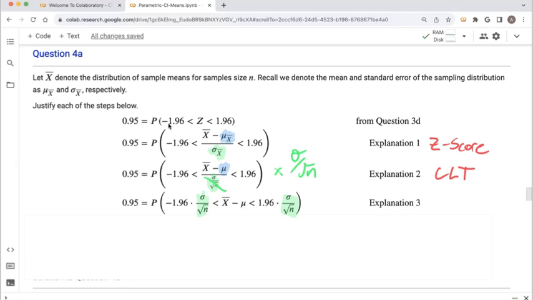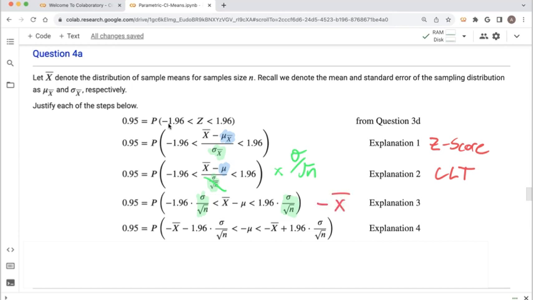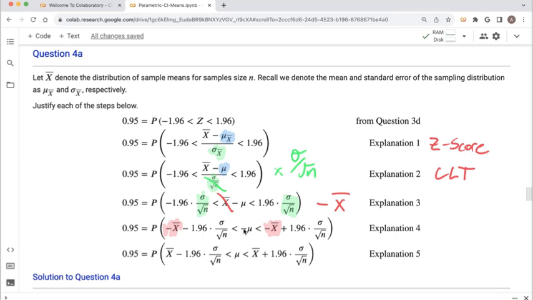Moving to the line below, we're now subtracting x bar from all terms in that inequality. So we lose the x bar in the middle term. We get a minus x bar over here, and we also subtract x bar over here. And finally, it looks weird having this negative sign, so I can multiply all terms in this inequality by minus 1. When I do that with inequalities, we also need to reverse the order of the inequality.